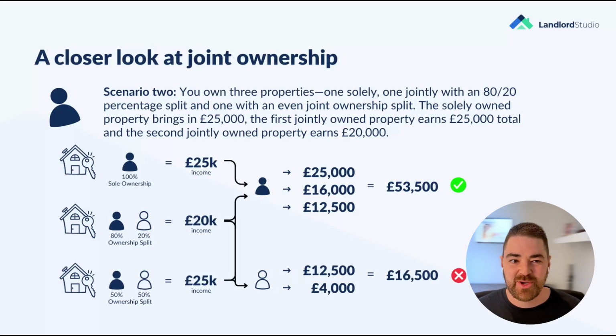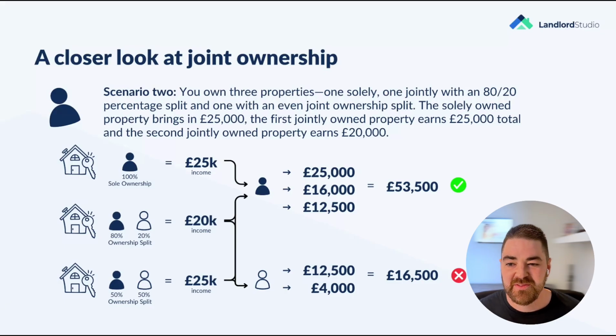Here's a look at a little bit more of a complicated situation. Let's say you own 3 properties: one solely, one jointly with an 80-20 percentage split, and one with an even joint ownership split. The solely owned one brings in 25,000. The first jointly owned one earns 25,000 total, meaning 12,500 that you are responsible for.